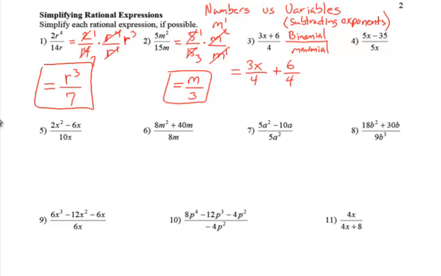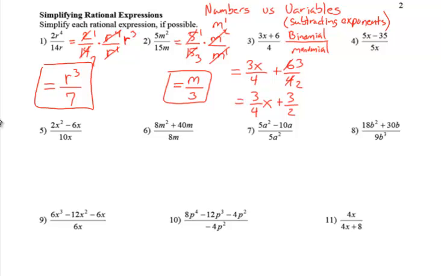And now I'm going to look and see, can I simplify those individually? As I look at the first one, 3 and 4 have no common factors, so I can't simplify them. But the 6 and 4 do. They have 2 as a common factor. So 2 goes into 6 3 times and into 4 2 times. So we could simplify this as 3/4 x plus 3/2.